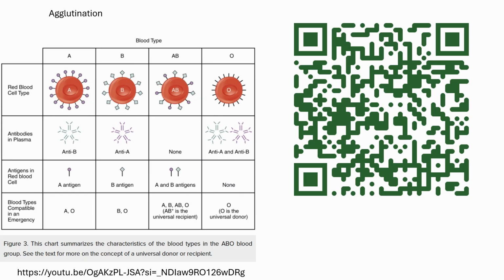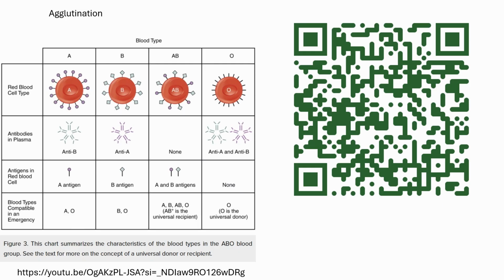So I talked about red blood cells that have antigens or markers on them. This first column, A, has A type antigens on it. Those tiny little circles are A antigens. And antibodies are a type of protein in the plasma that recognizes specific antigens.